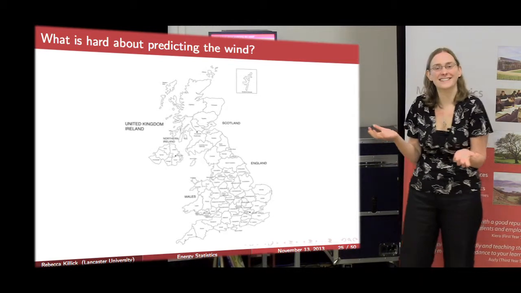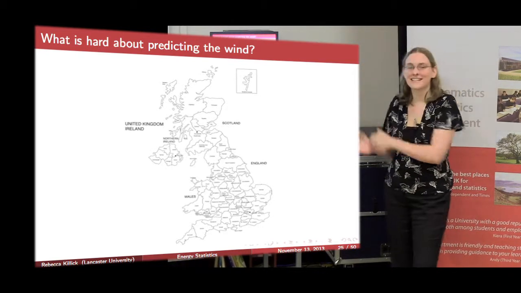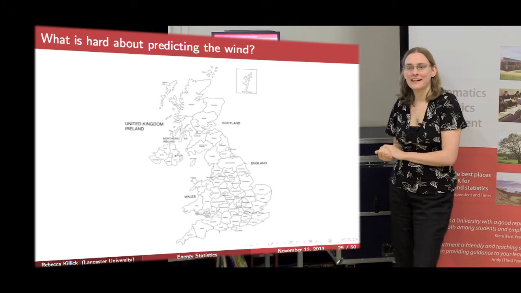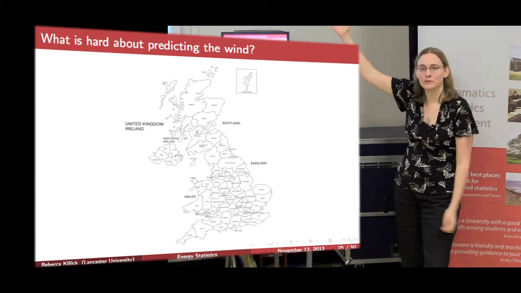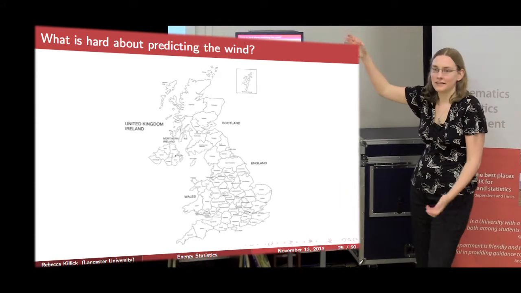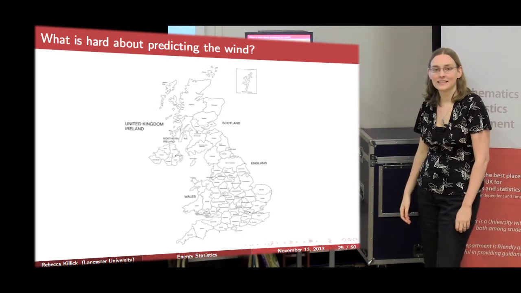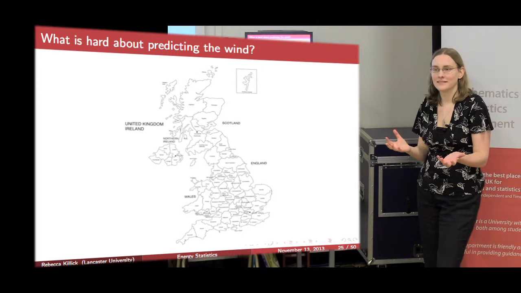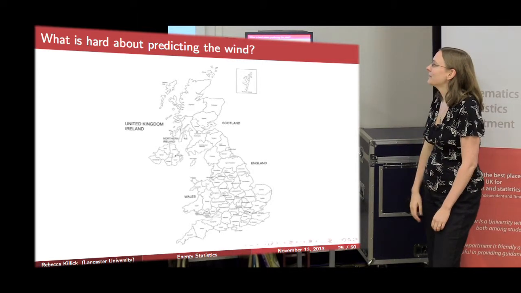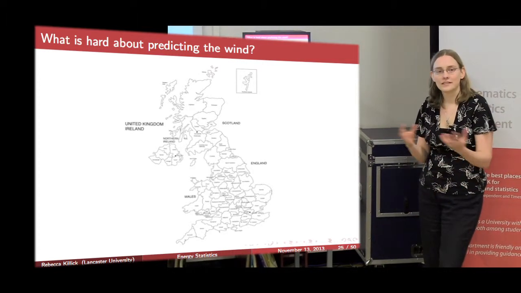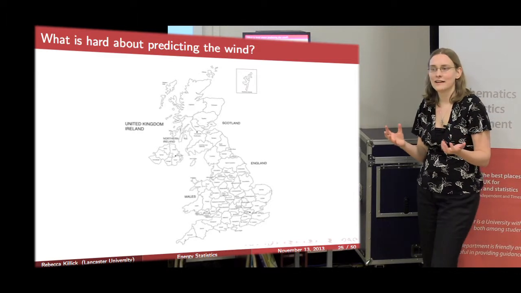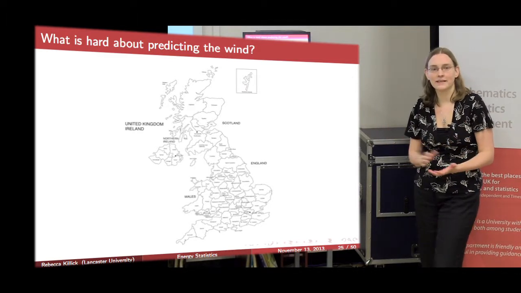Basically anything. And any sort of data would probably help you in this problem. I could have information all the way up in Scotland, and if the wind was coming from that direction, then that would probably help me. Okay? Some data is always better than nothing, typically speaking. And generally, any sort of data that I can get from anywhere around the UK is probably going to help me.